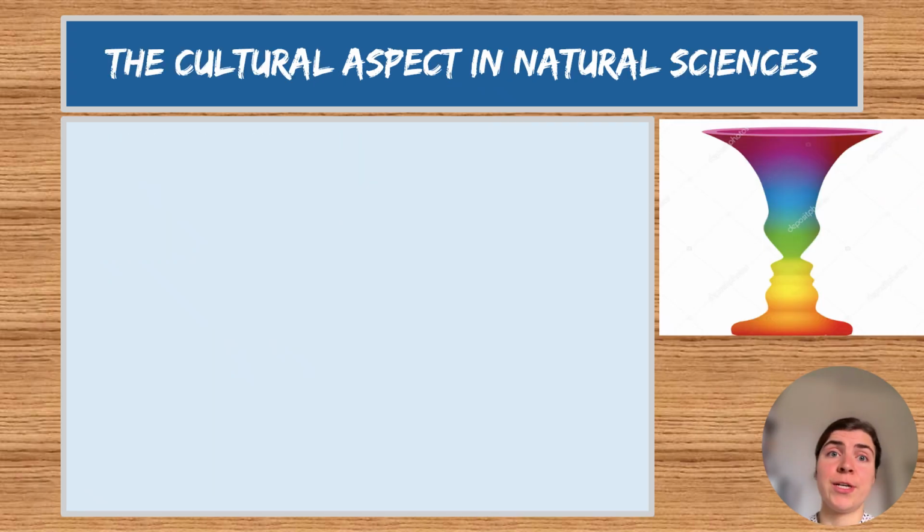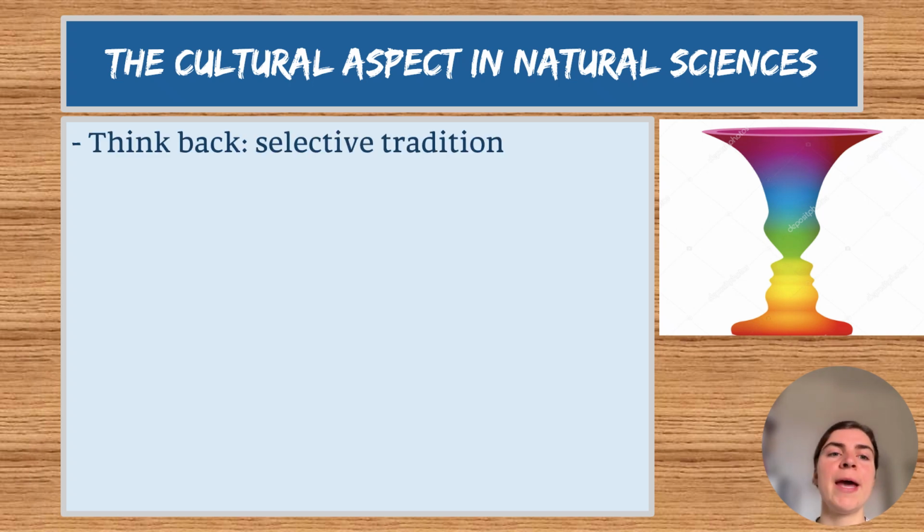Even though this already sounds complicated enough, there's more complexity to this. And this is what I would call the cultural aspect in natural sciences. Now, maybe think back to Selective Tradition by Raymond Williams.